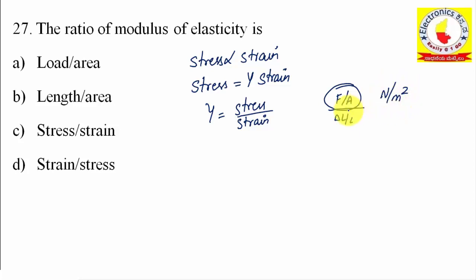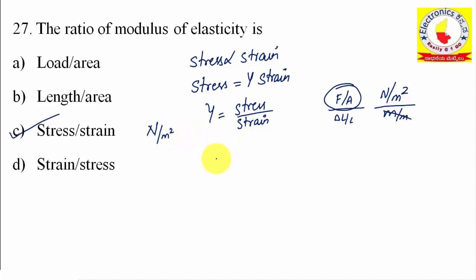Why? Force has a unit of Newton, area has a unit of meter square, and strain is dimensionless since the variation will be in meters only. So overall stress divided by strain will have a unit of newtons per meter square, right?